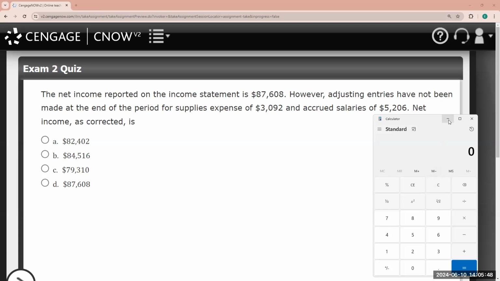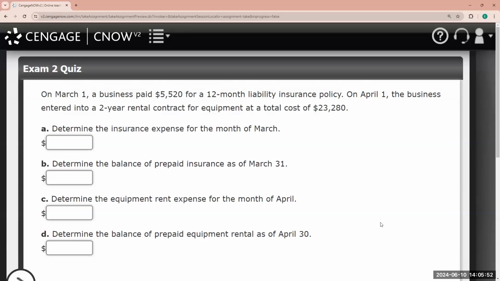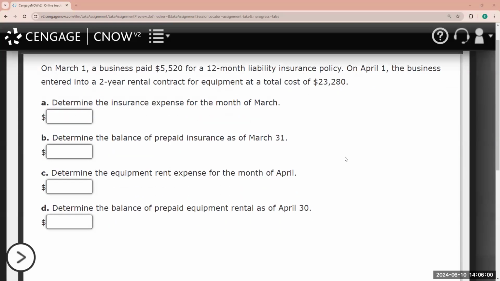All right, so this brings us to our next question. Here it states, on March 1st, a business paid $5,520 for a 12-month liability insurance policy. On April 1st, the business entered into a 2-year rental contract for equipment at a total cost of $23,320.